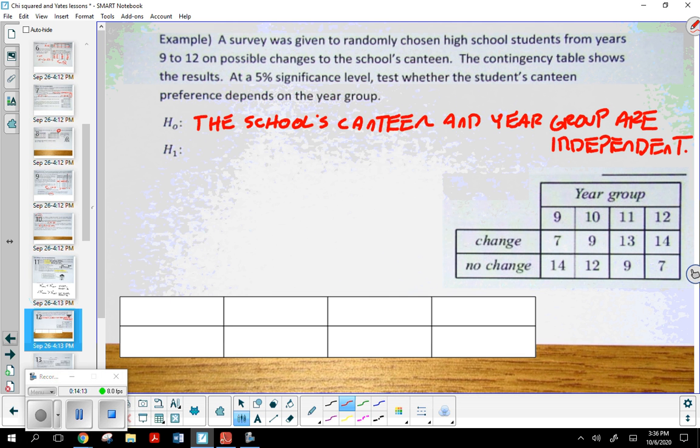There you go. Remember, the null hypothesis will always state that the two quantities are independent. The alternative hypothesis will state that the two quantities are not independent, meaning there is some kind of relationship.